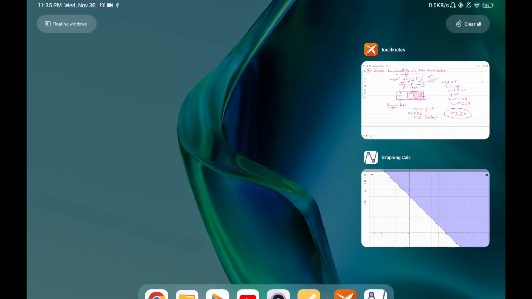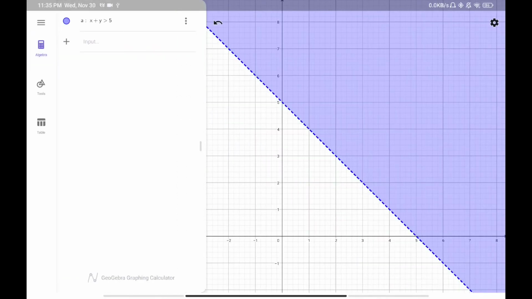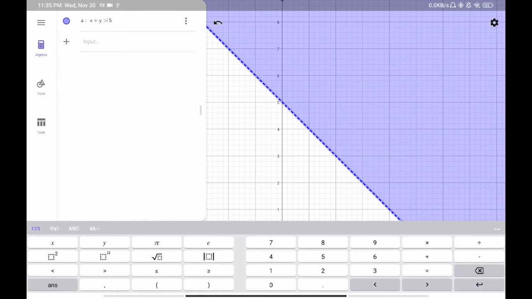In our case here, we have seen the line is a dotted line, which means the application is showing that the points on the line are not included in our solution set represented by the inequality. What happens if I put greater than or equal to here? The line will be solid, not dotted.